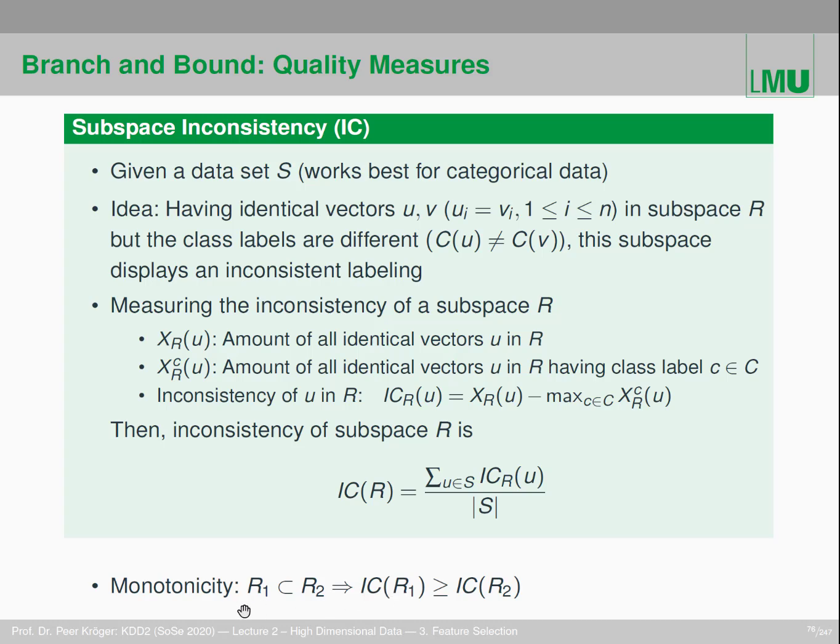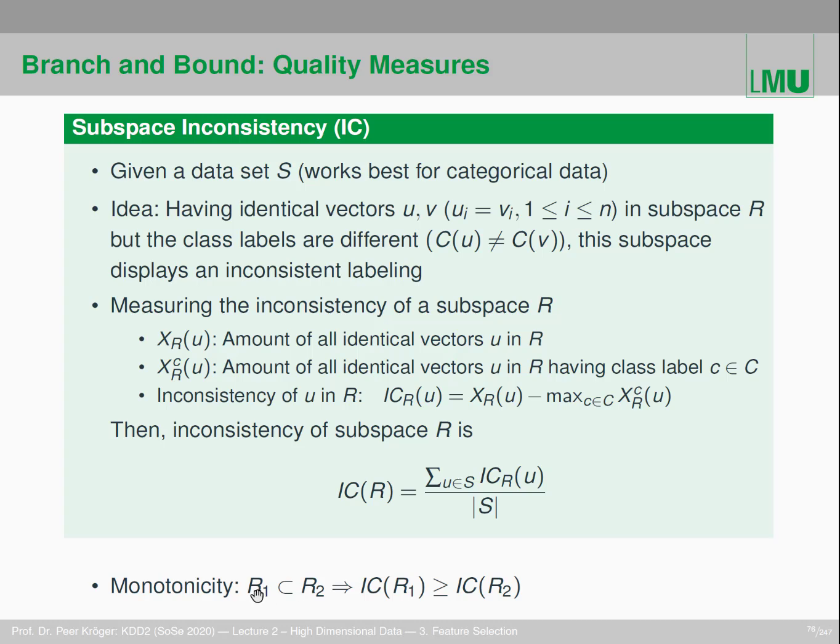So if R1 is a subset of R2, obviously the inconsistency of R2 must be greater or equal than the inconsistency of R1. Because if you add something, the only thing that can happen is everything remains the same.